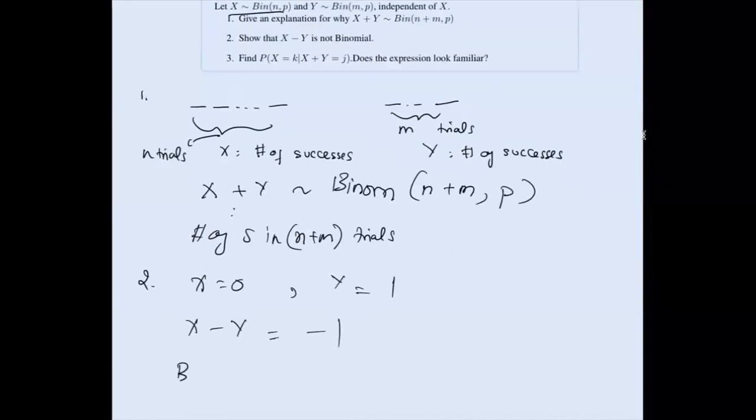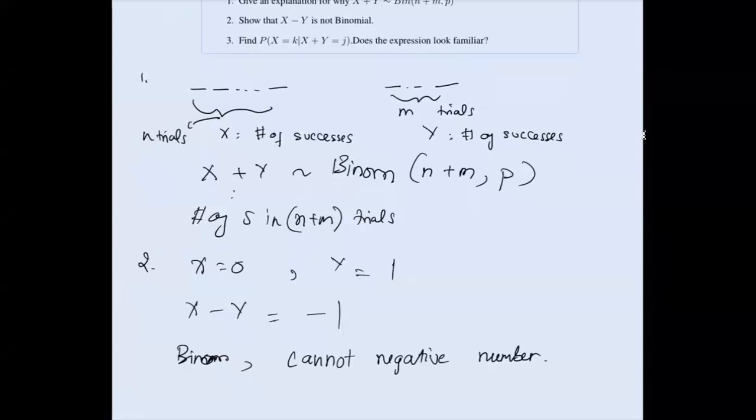However, a binomial distribution cannot be a negative number. Why is that? Because again, if we look at the definition, the number of successes in n trials is what the binomial distribution represents.